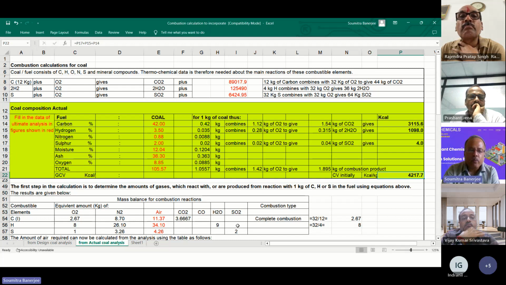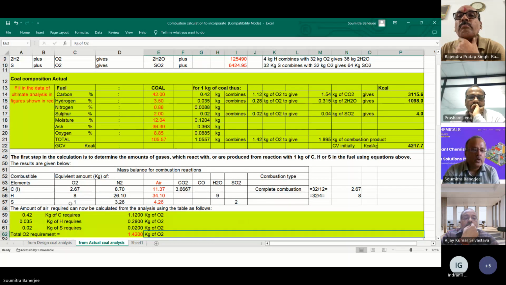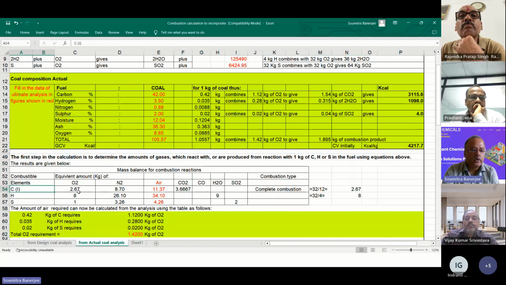Now, how much air is required is mentioned here. This carbon on complete combustion will require 2.67 of oxygen, 8.7 of nitrogen. Total air requirement will be 11.37. The CO2 produced would be 3.66.